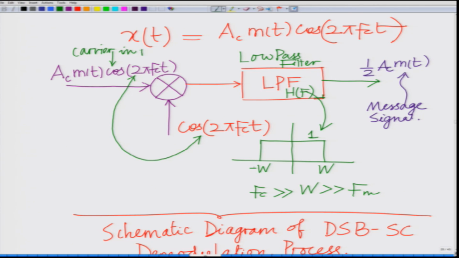are related in a particular way. Let us call this the carrier in the received signal, and this is the locally generated carrier at the receiver.